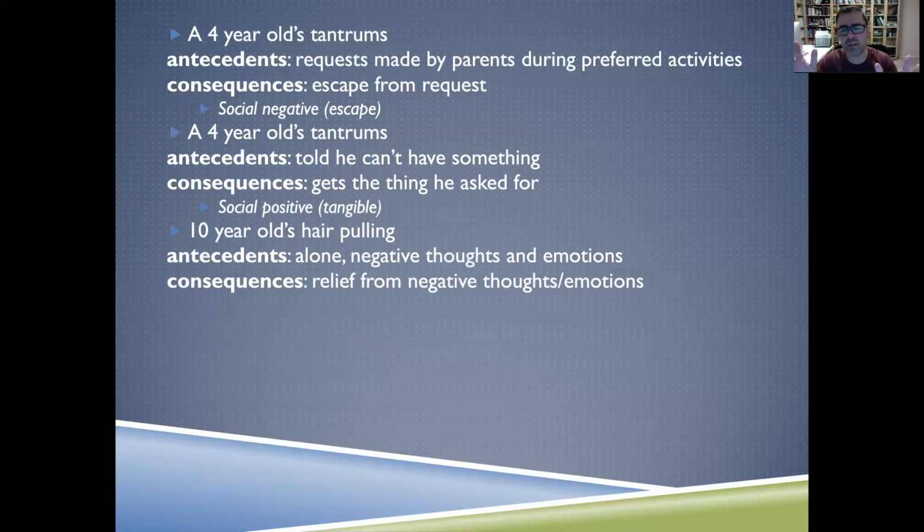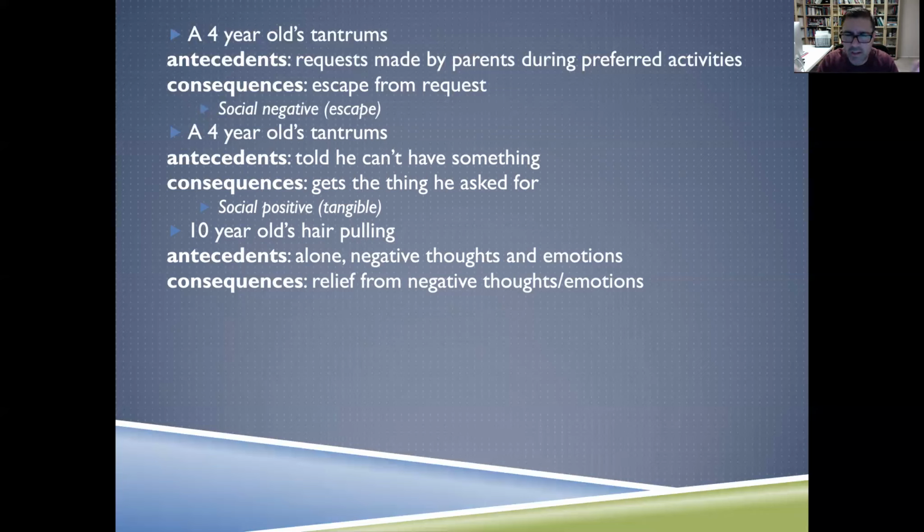Now, a 10-year-old pulling his hair. When does it happen? When he's alone, when he's having negative thoughts and emotions, he pulls his hair and then there's a relief from negative thoughts and emotions. Now, extinction would be if pulling the hair doesn't produce the relief from negative thoughts and emotions. Now, is it possible to do that?